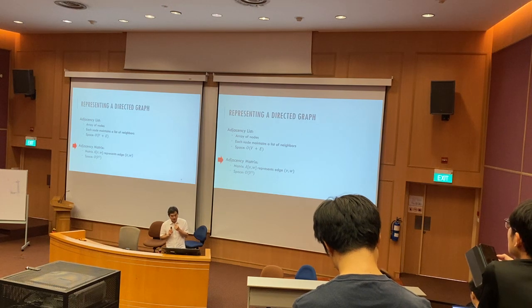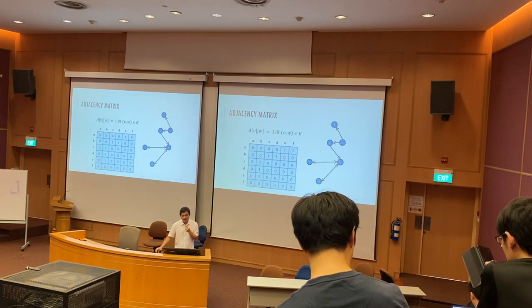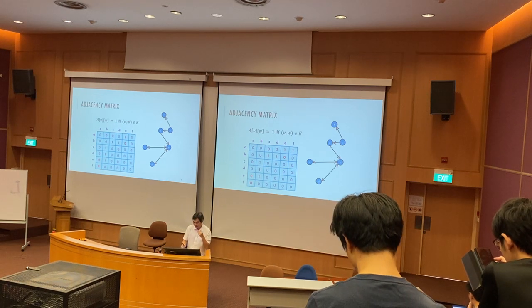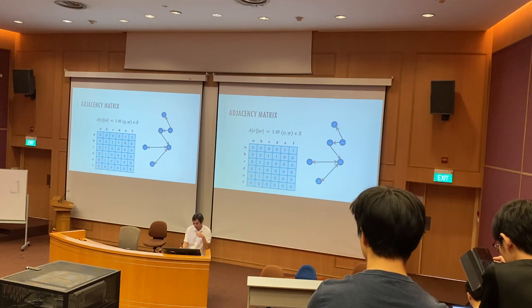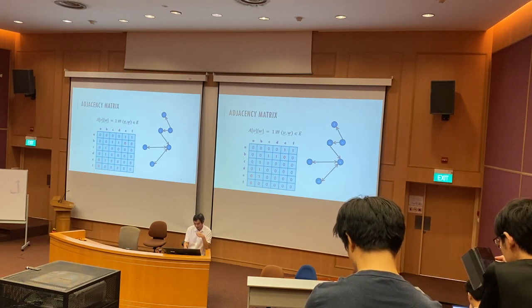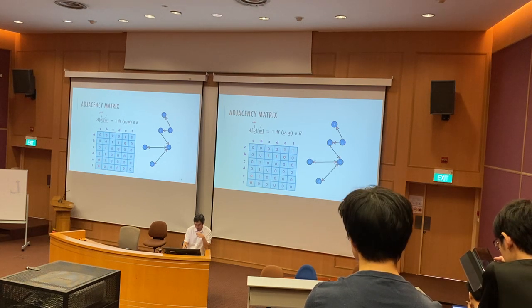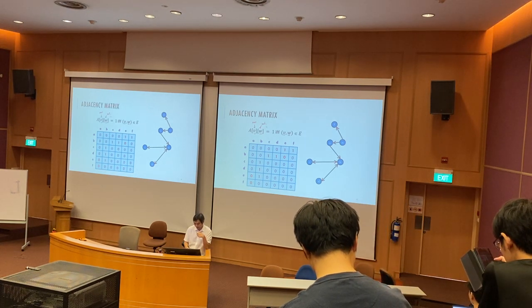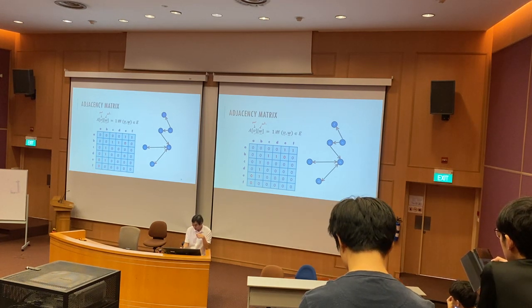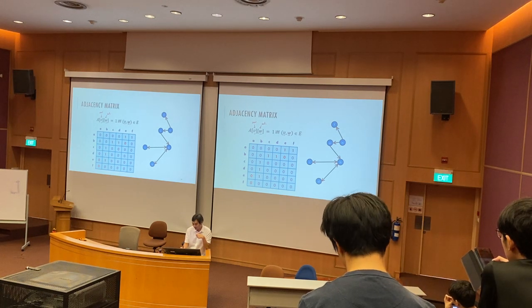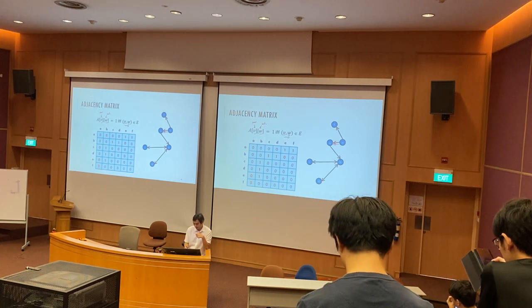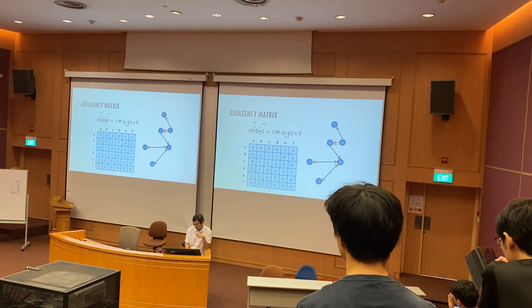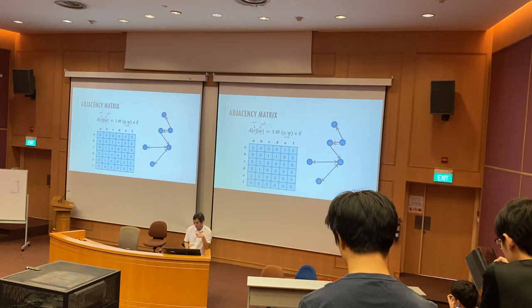Now let's talk about the adjacency matrix. It is again very similar in that we represent an edge only if the entry at row B, column W is 1 if and only if (B, W) is in E. That means this edge connects from B to W, in this direction. So A connecting to E means that row A and column E should be 1, and not the other way around.